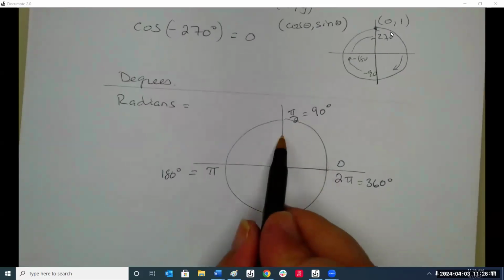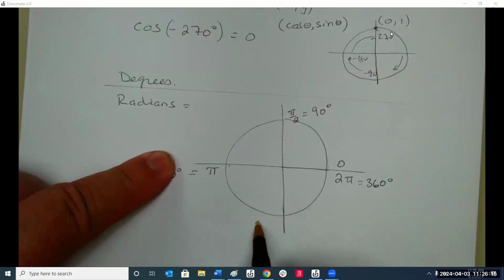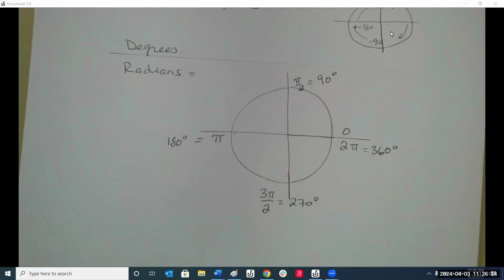So that's 1 pi over 2, 2 pi over 2. This one is 3 pi over 2, which is 270 degrees. So the cosine of negative pi would be what?